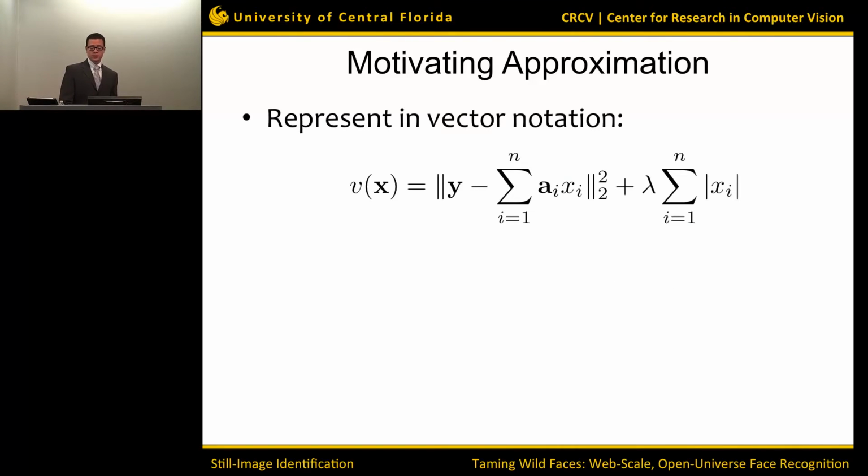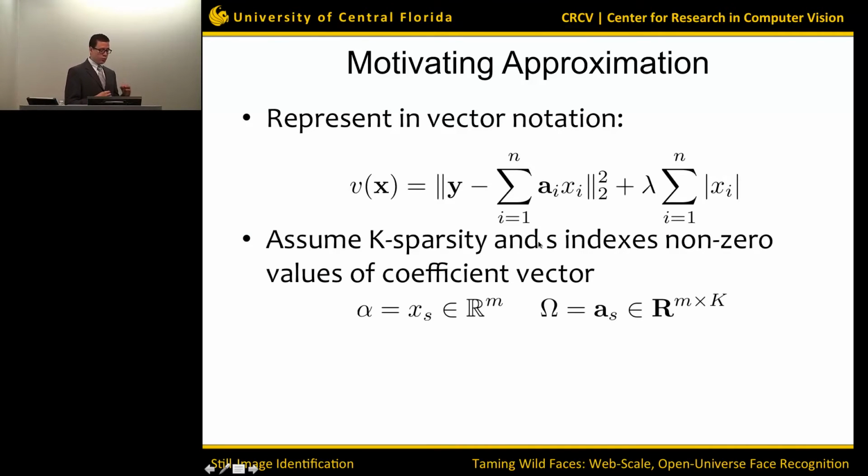If we represent this in vector notation, we get the following equation, where it's a multiplication between the vector and a scalar. What we want to look at is, if we knew which indices correspond to the non-zero values within that coefficient vector, we could define a new vector called alpha omega, which has the corresponding dictionary elements.